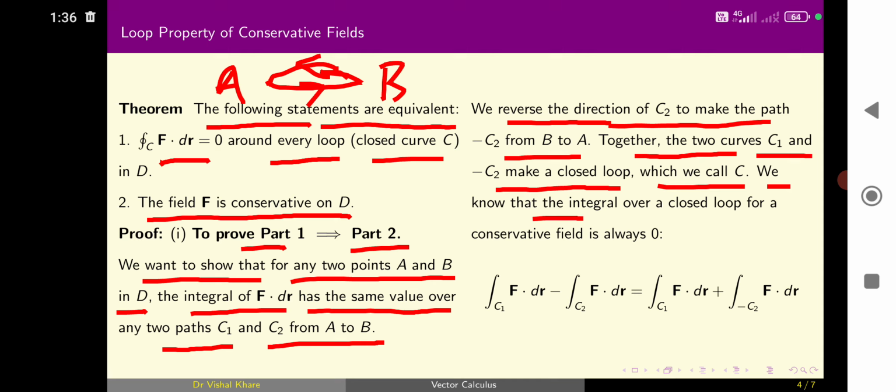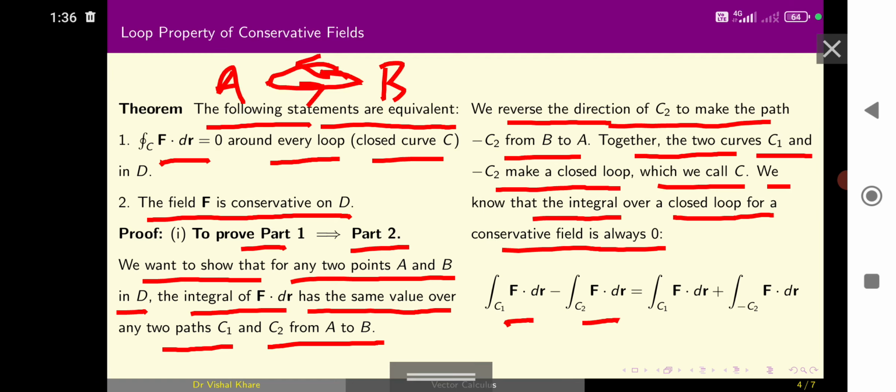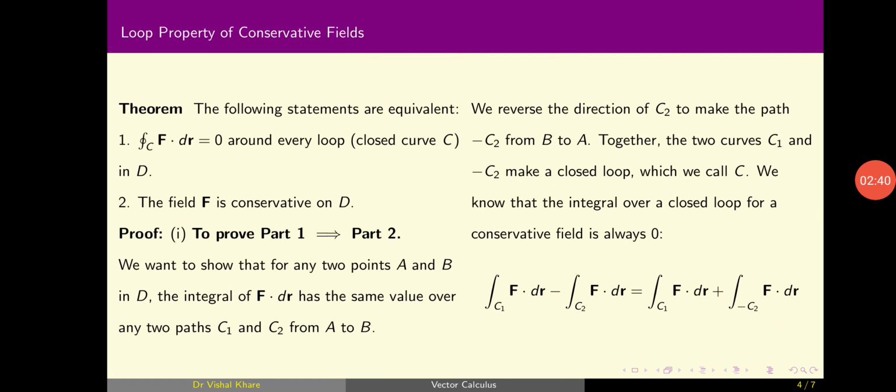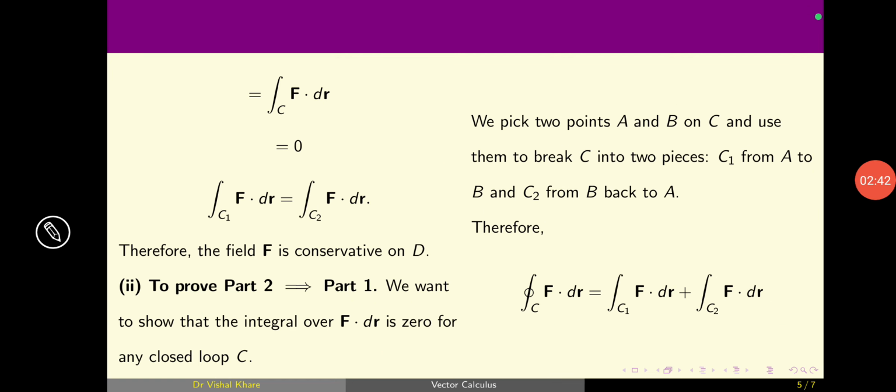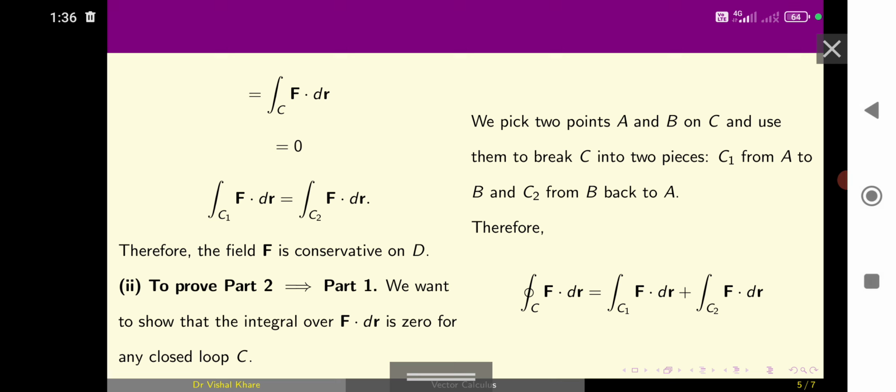We know that the integral over a closed curve or closed loop for a conservative field is always 0. So the integral of F dot dr along C1 minus the integral of F dot dr along C2 is equal to the integral of F dot dr along C1 plus the integral of F dot dr along minus C2, which is equal to the integral of F dot dr along C, which is equal to 0.